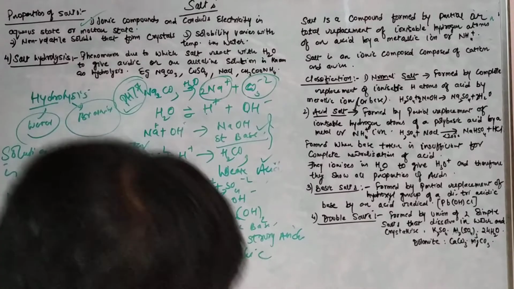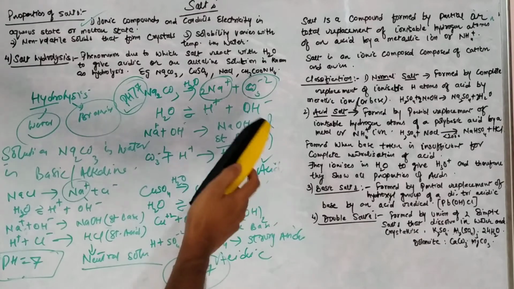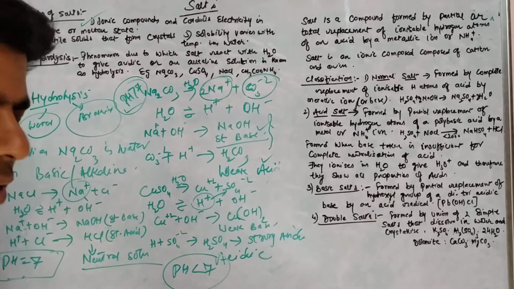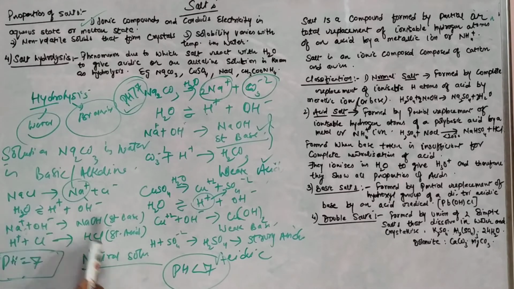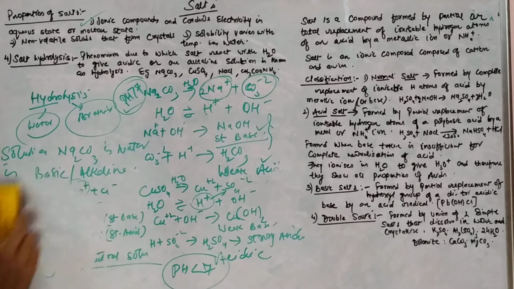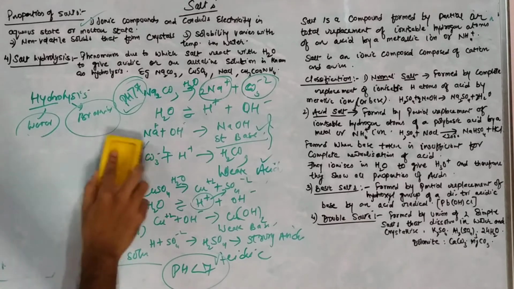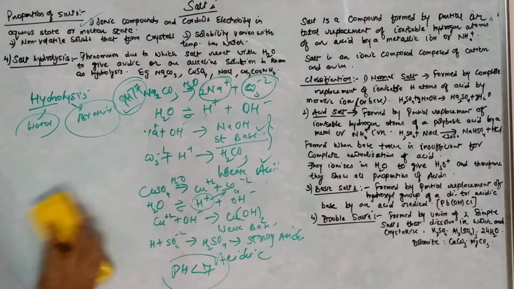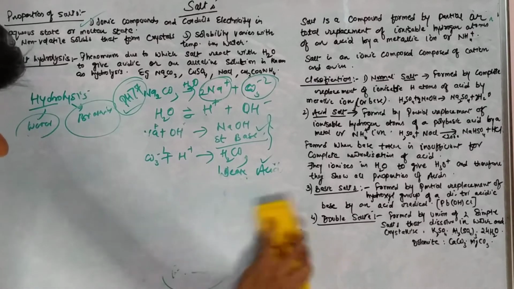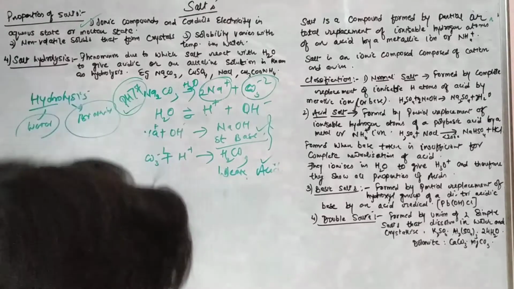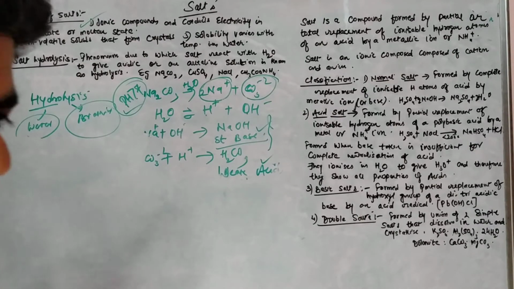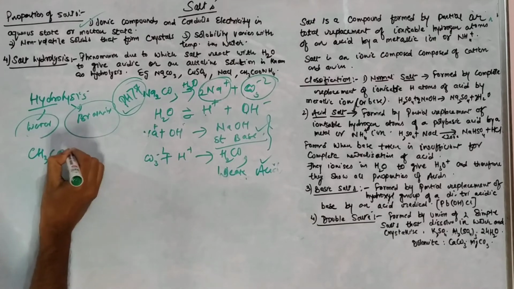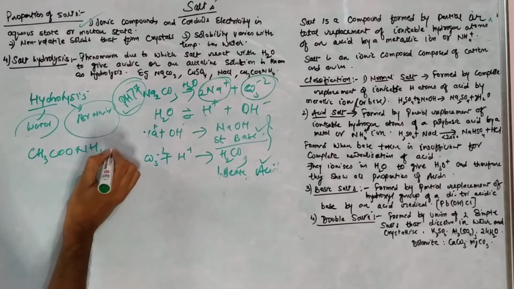So we have taken the case of a strong acid and a weak base, and a strong acid and a strong base. Now if we take a weak acid and a weak base, an example of a salt of a weak acid and a weak base is CH3COONH4, ammonium acetate.